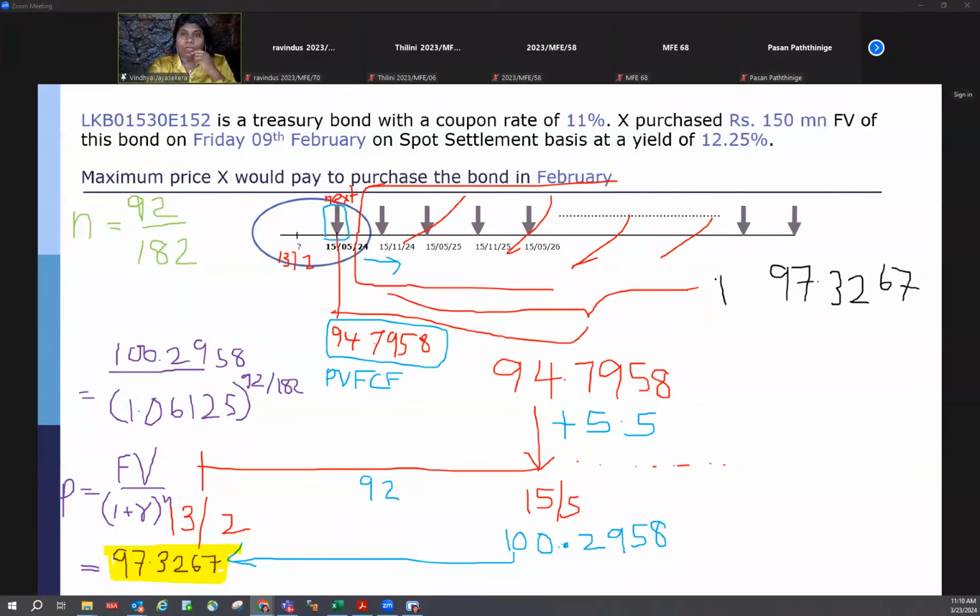This is the dirty price, right? When we discount and get the present value of future cash flows, the answer that we get is always the dirty price. That's very important to remember. So if I wanted to find the clean price, the quoted price in the market, what should I do?